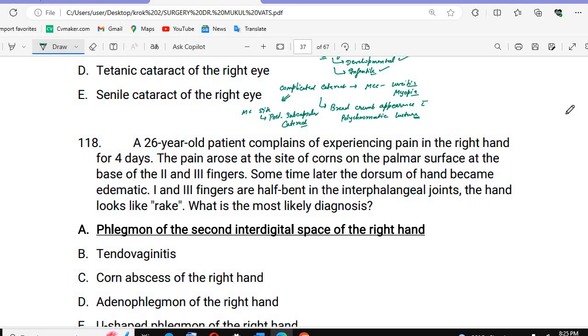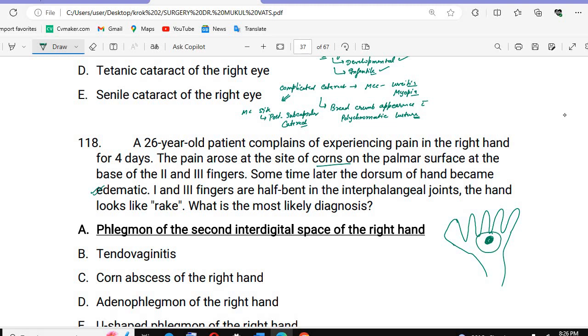There is a pain in the right hand for 4 days. The pain arose at the side of the cones of the palmar surface at the base of the first and third finger. Now if these are the 4 fingers, and this is the thumb, and if this patient has some phlegmon or subpus formation at this region, at the palmar surface, sometime later the dorsum of the hand became edematous.